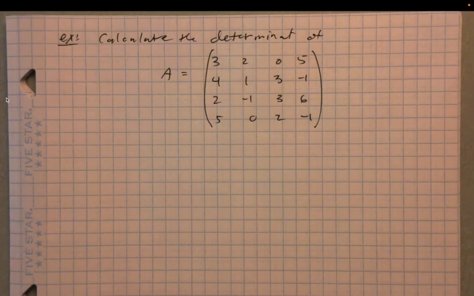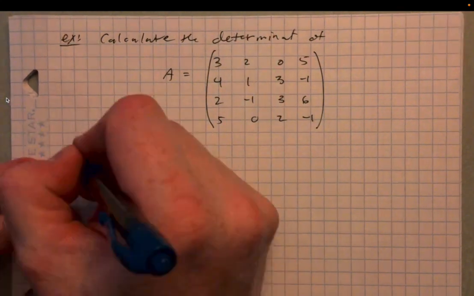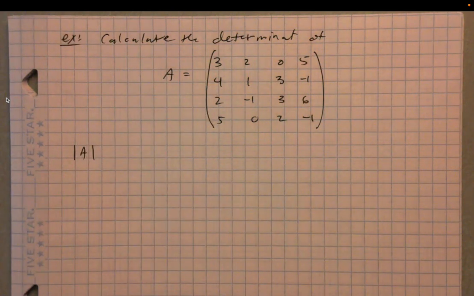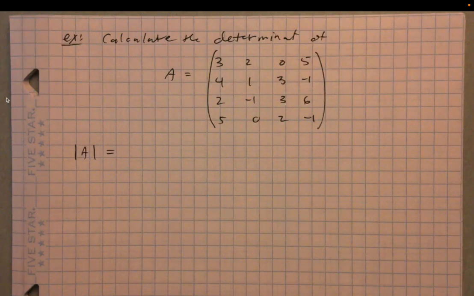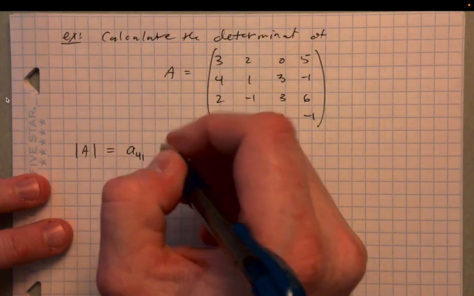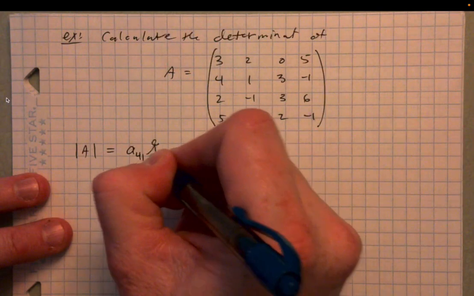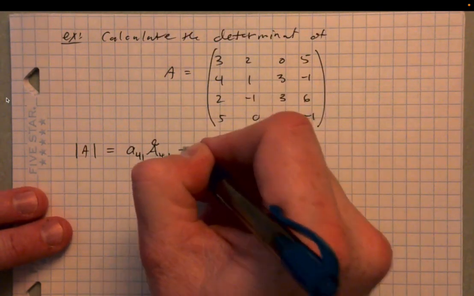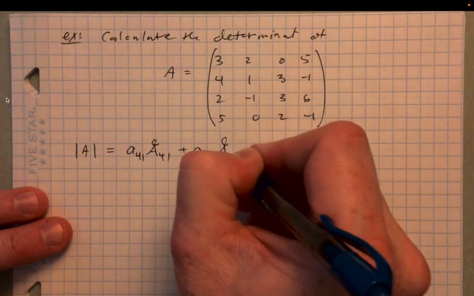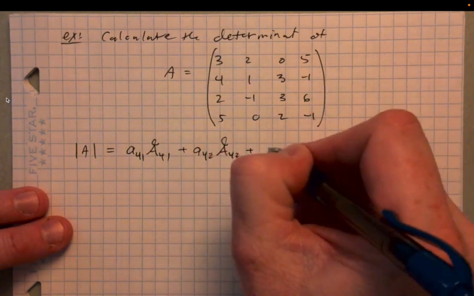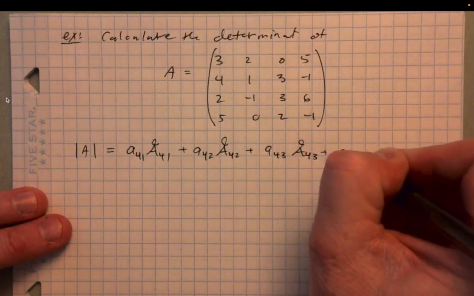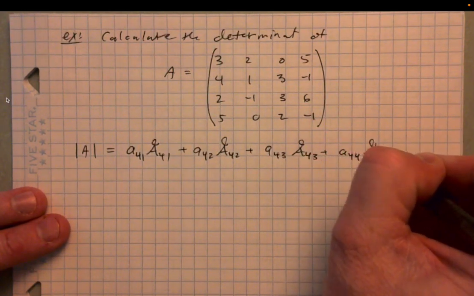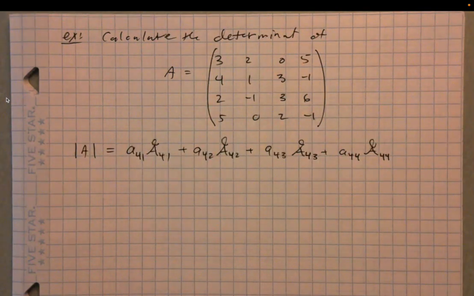So again, we're going to use the cofactor expansion along the 4th row. The definition is the determinant of A equals A41 times script A41, plus A42 times script A42, plus A43 times script A43, plus A44 times script A44, cofactor A44.